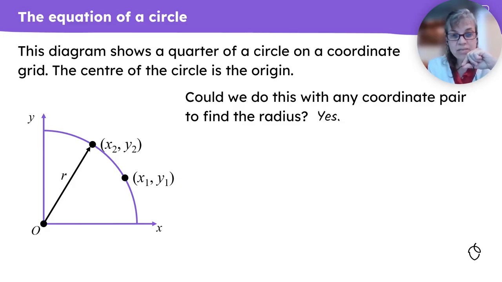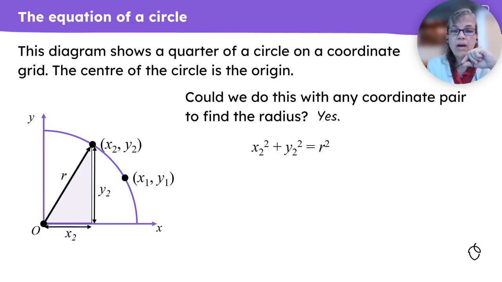Well, actually, yes, we could, because again, I can use Pythagoras' theorem, and that works regardless of which side, as long as I create a right angle triangle, and the radius is the hypotenuse. So this second point, if I had the x value and I squared that and the y value and I squared that, I would again get the radius squared.